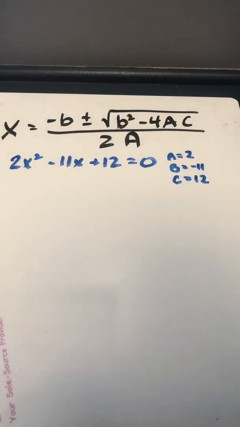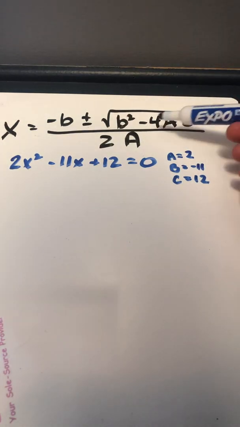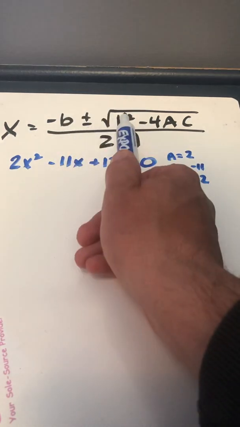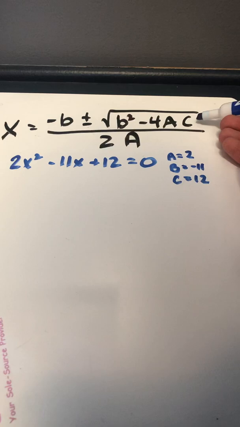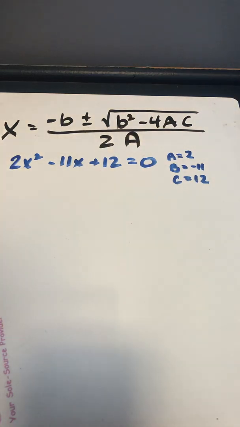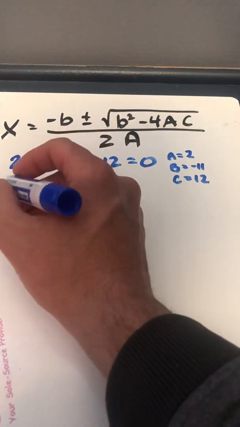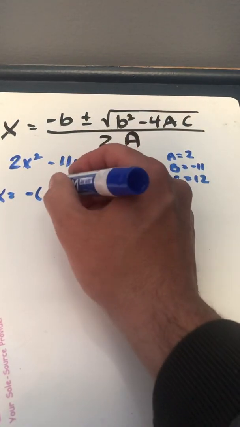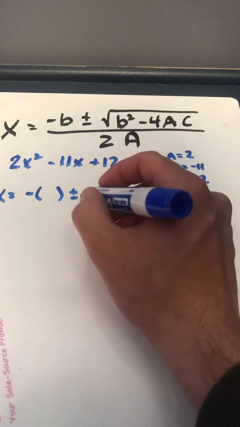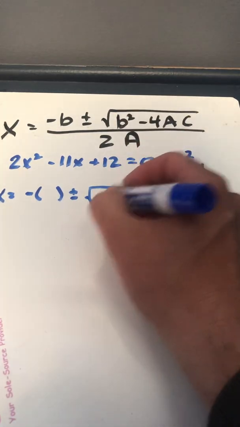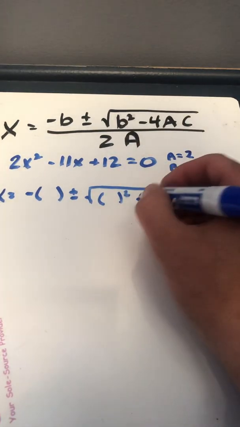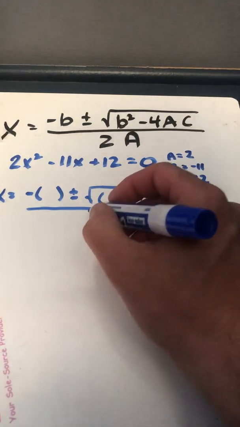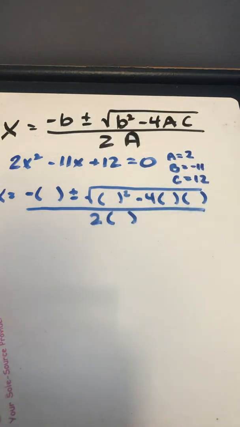We're then going to substitute a in for both of the a's in the quadratic formula, the b in for both of the b's, and the c in for the one location where there's a c in the quadratic formula. So we'll go x equals negative b plus or minus the square root of b squared minus 4ac all over 2a.